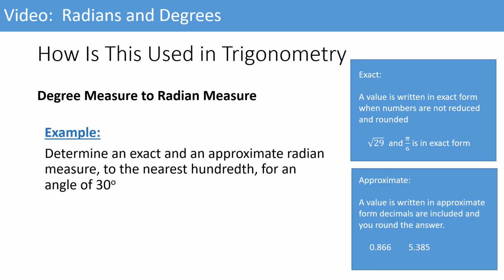What then does approximate mean? A value is written in approximate form when decimals are included and you may have rounded the answer. Please make note of this as you will be asked to give your answers in either exact form or approximate form.